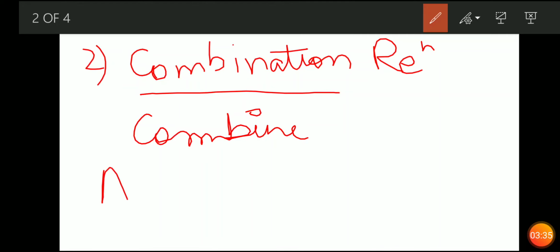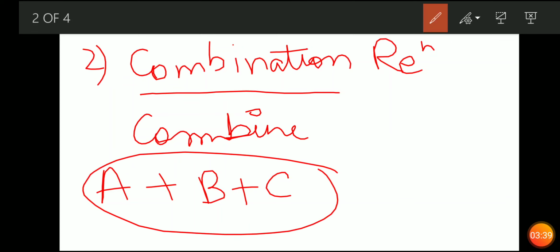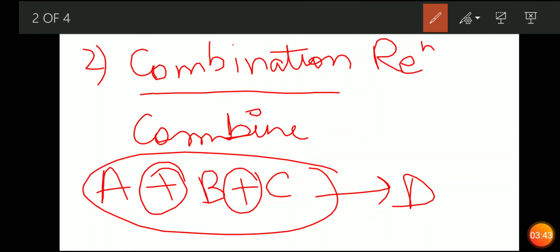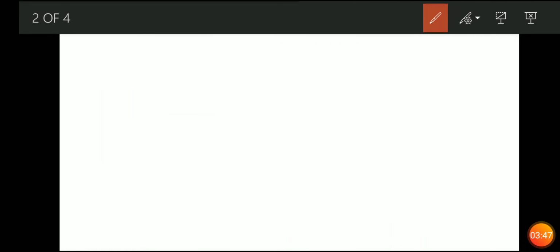For example, A plus B plus C react together to give D. That means this plus sign indicates it is a combination reaction. For example, in displacement reaction we have studied that ZnSO4 plus aluminium.